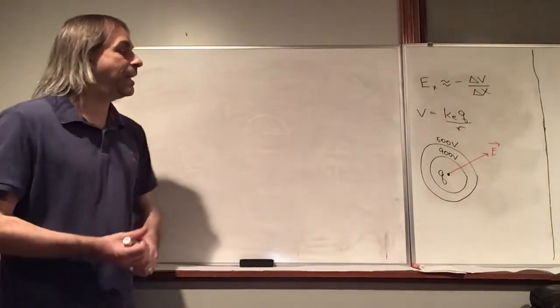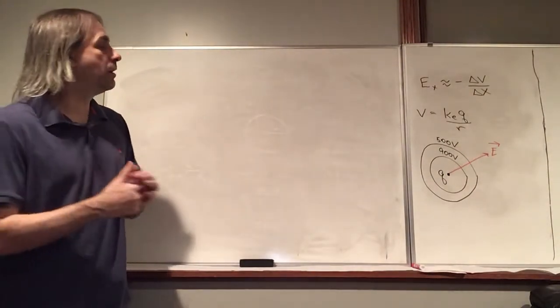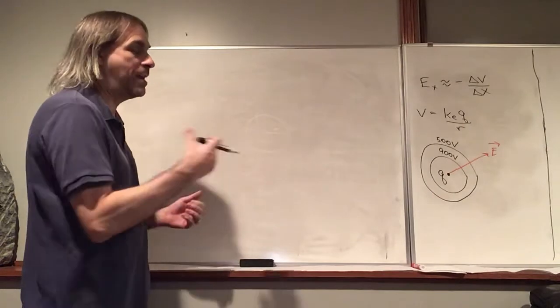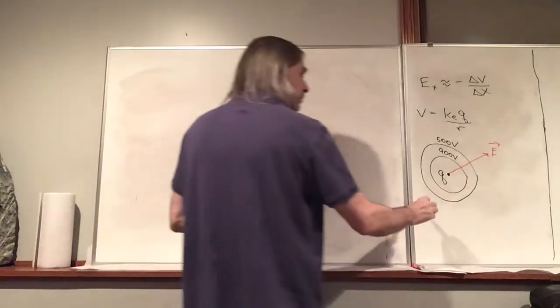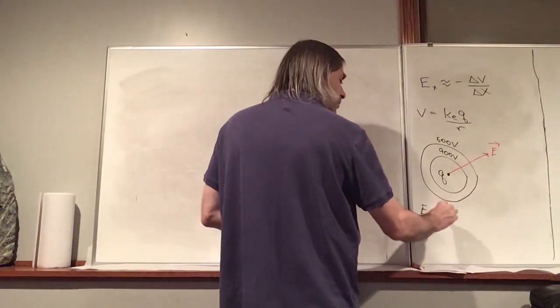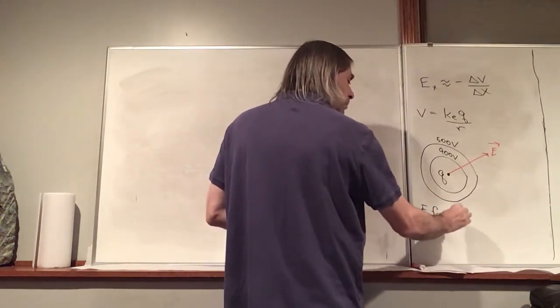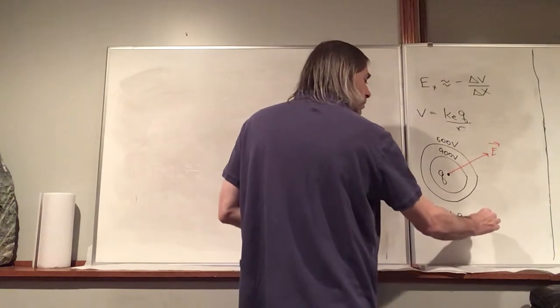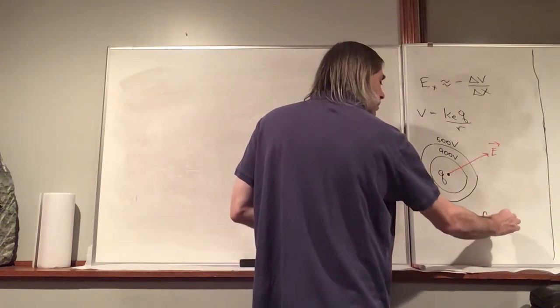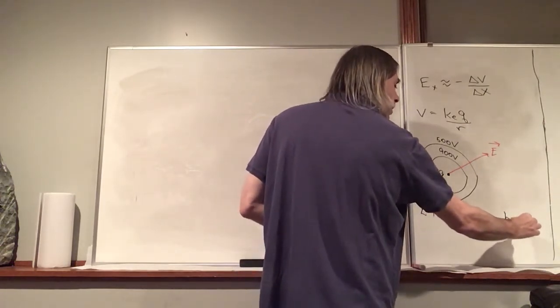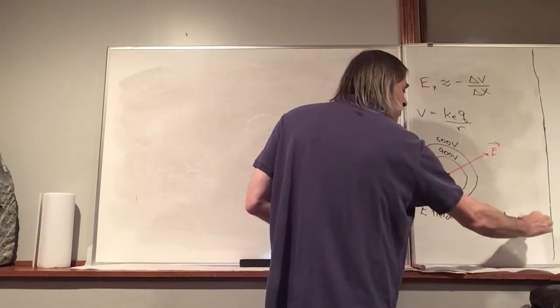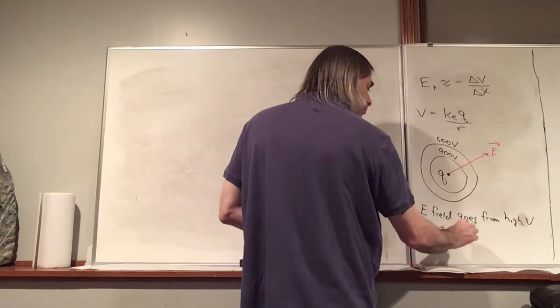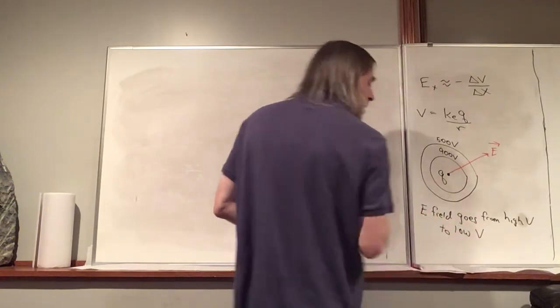So what we're seeing is that the electric field is going from high potential to low potential. I'm going to write that down. E field goes from high potential to low potential.